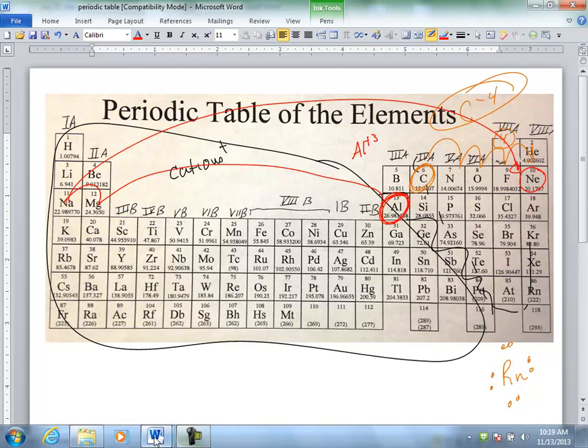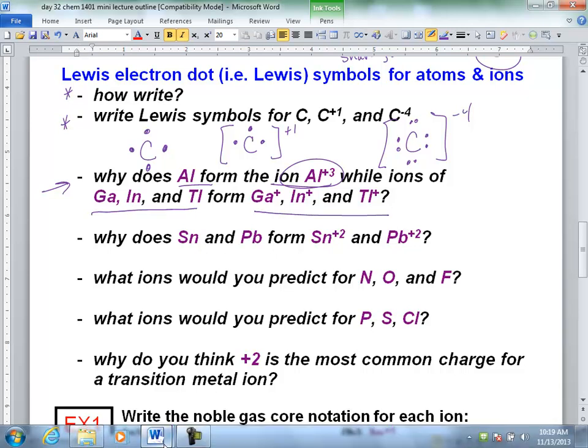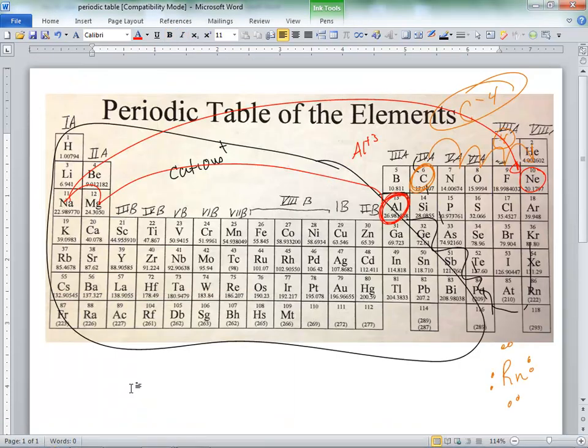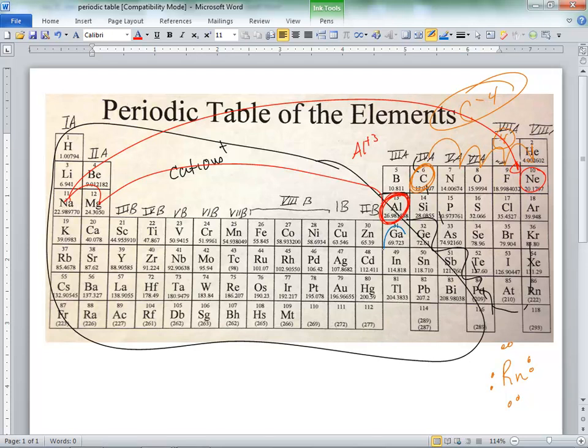The next question is: gallium, indium, and tellurium only form plus 1. They're right here.